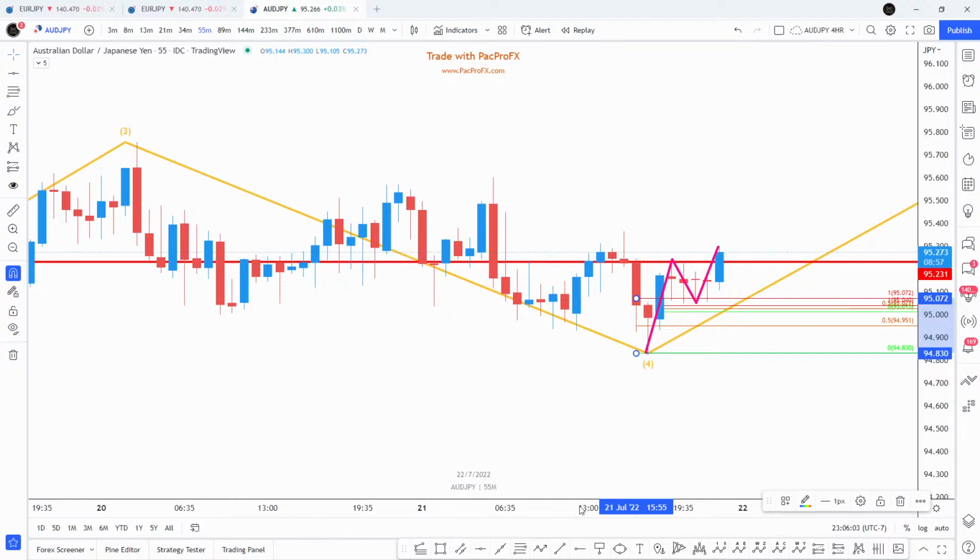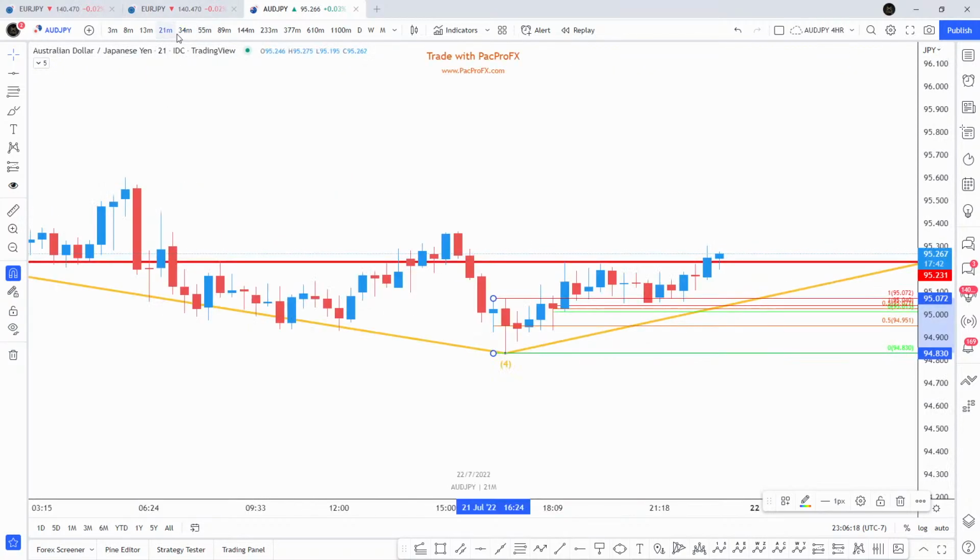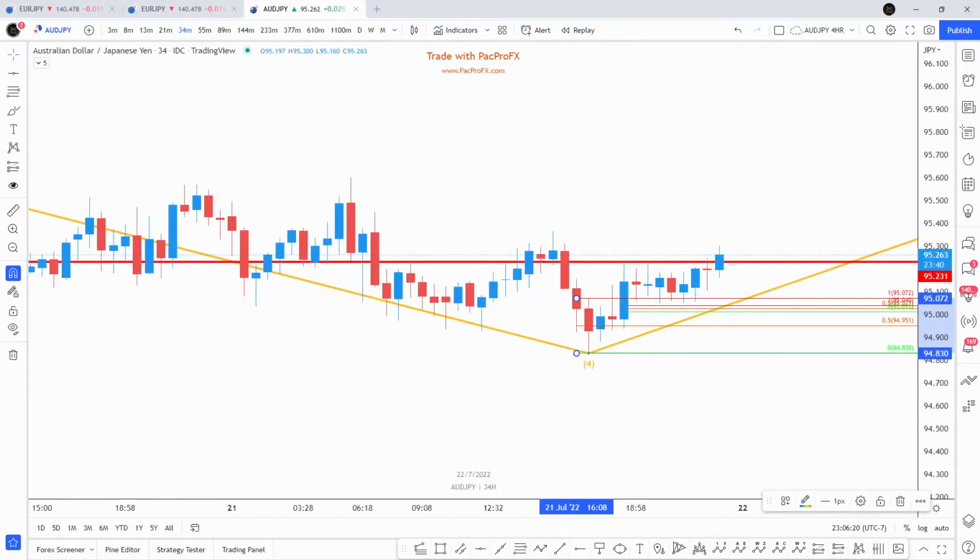Now, on a lower time frame, this actually looks like a three-way pattern. So let's see, yeah, 21 better. Nope, 30-minute time frame, 35-minute time frame.